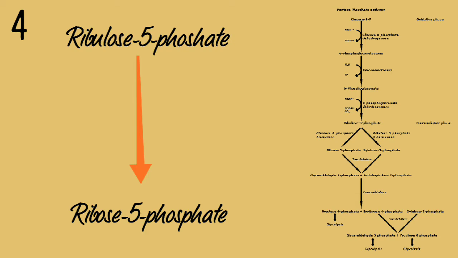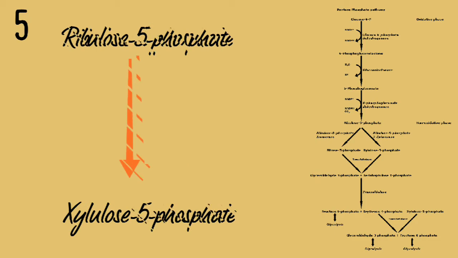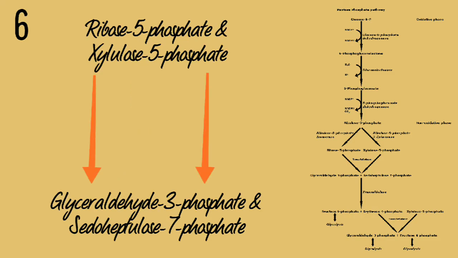In the initial reaction of this phase, one molecule of ribulose 5-phosphate is converted to ribose 5-phosphate by isomerization catalyzed by phosphopentose isomerase. And simultaneously, phosphopentose epimerase converts ribulose 5-phosphate to xylulose 5-phosphate.